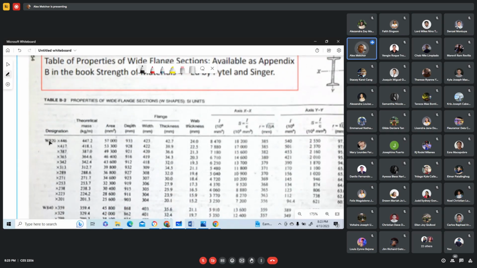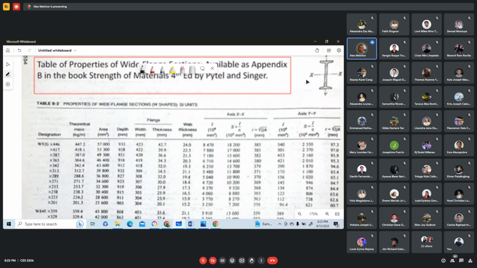This 920 refers to the depth, and this is in millimeters. Okay, so this is just a designation. Actually, the depth is this one, 933 mm, if you are going to measure it.